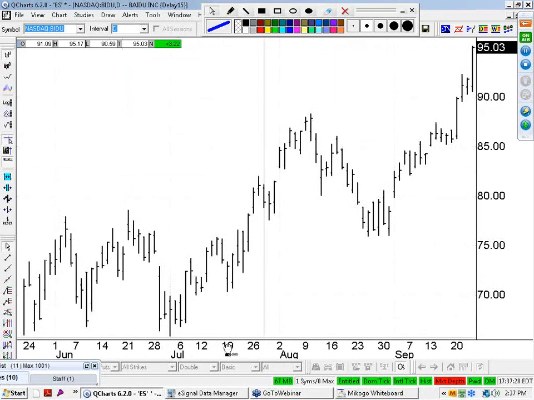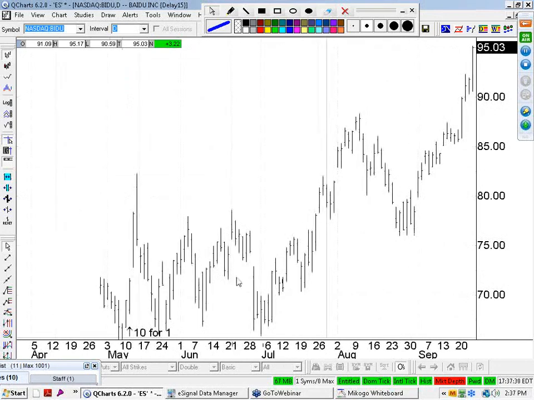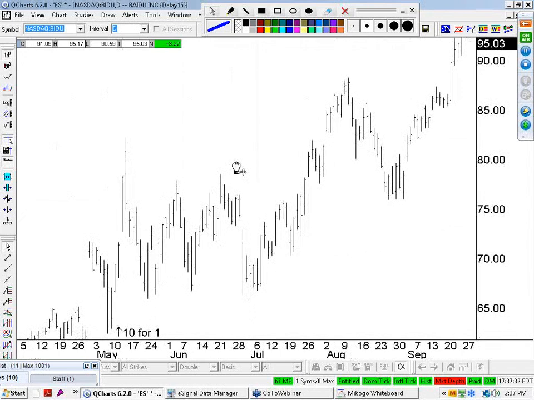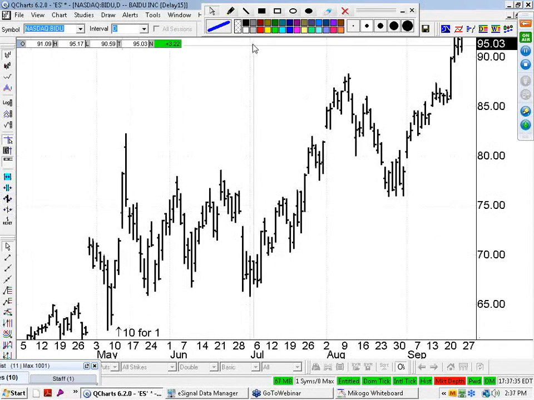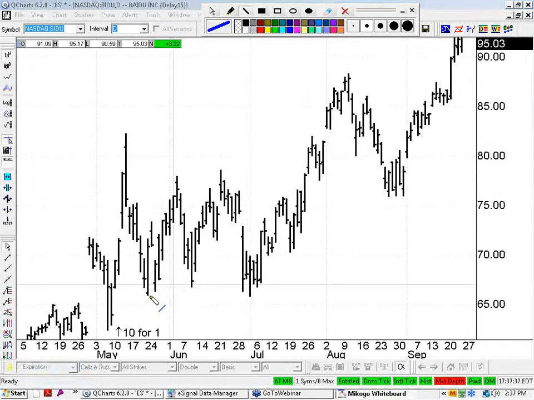Okay. Here's a double bottom. The second bottom is a little lower than the first. From here to here, what are we observing? We're observing this, and this, and this, okay? How deep is this retracement here, there, and there?